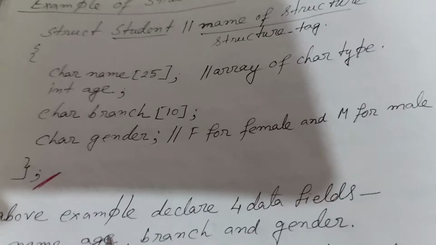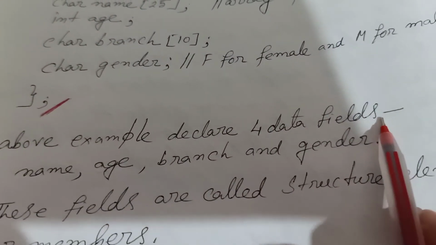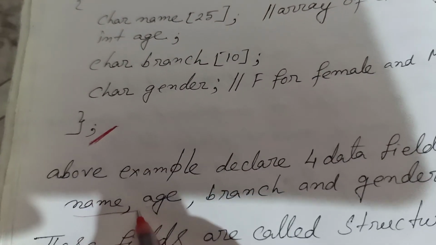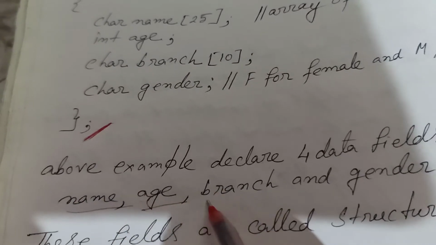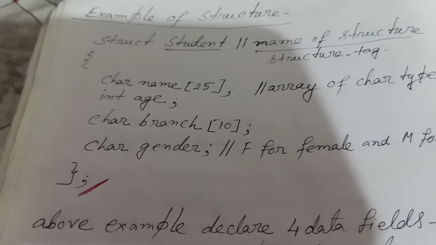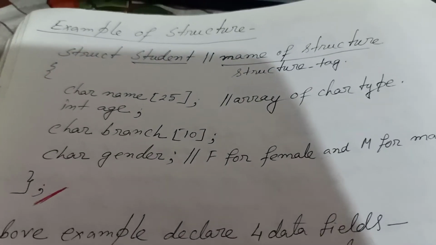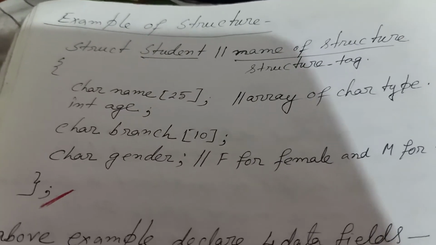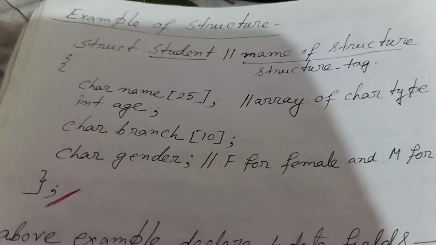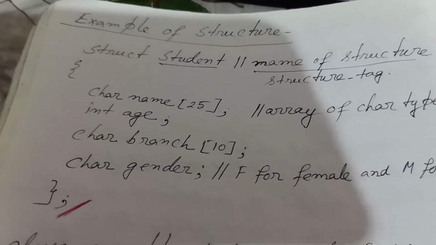Student. Okay, so the above example declares 4 fields. What are the 4 fields? Name, then age, then branch and gender. The name and branch are arrays of character type. That means they contain elements which belong to the character data type.